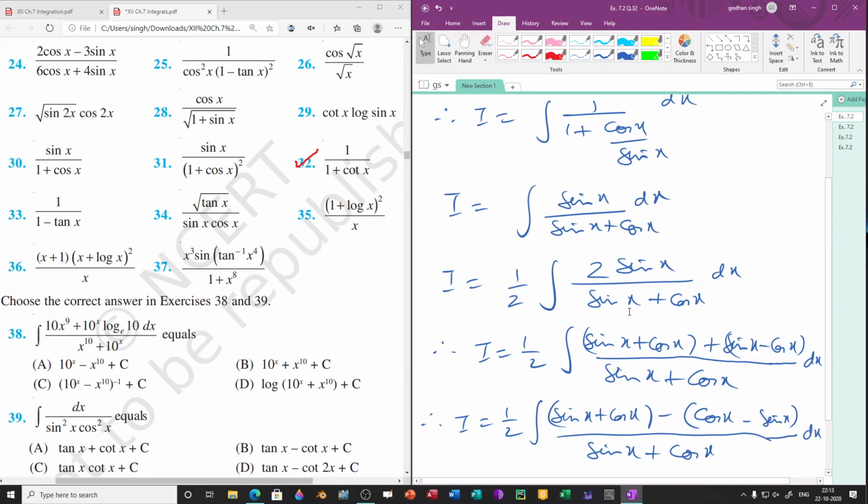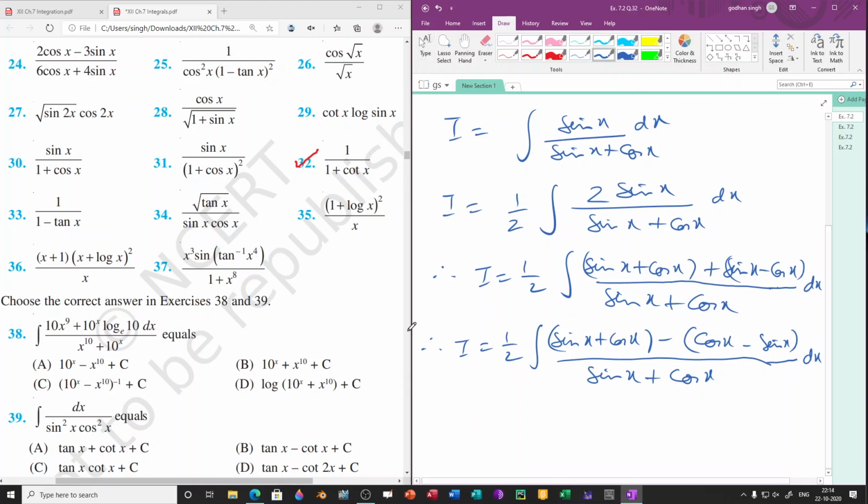Now let us separate them. Therefore I equal to half integration of sin x plus cos x over sin x plus cos x, that is 1 dx, minus half integration of cos x minus sin x over sin x plus cos x dx.